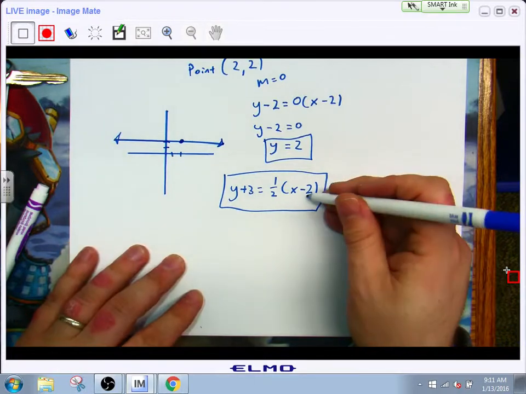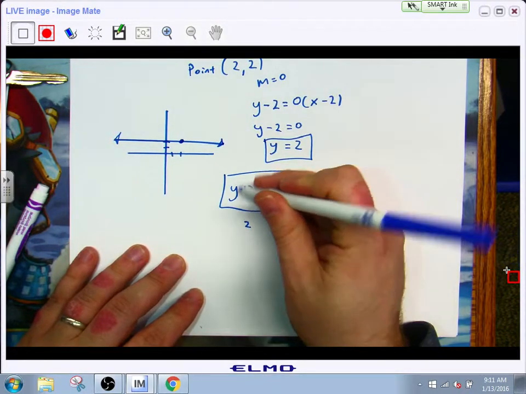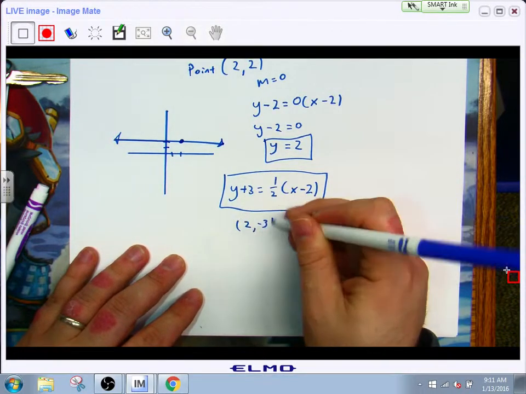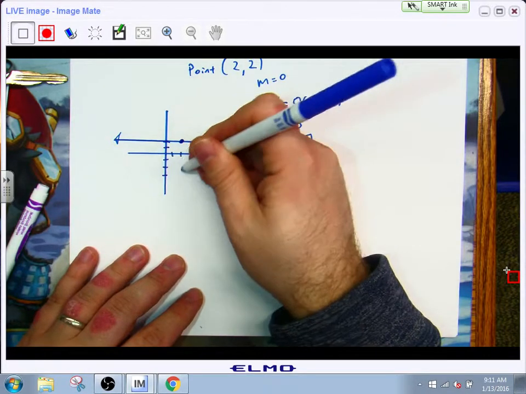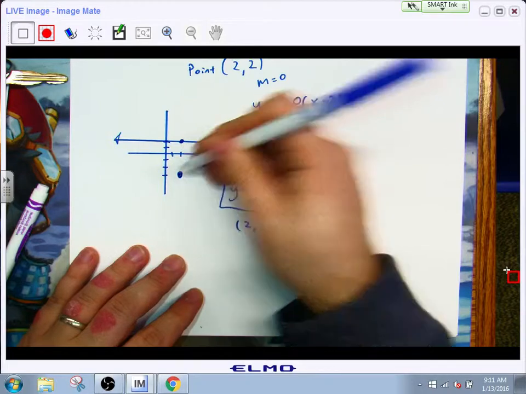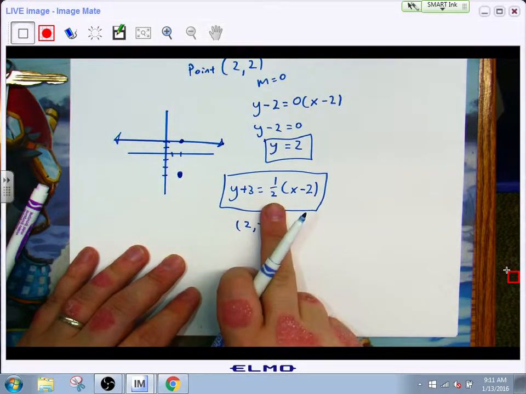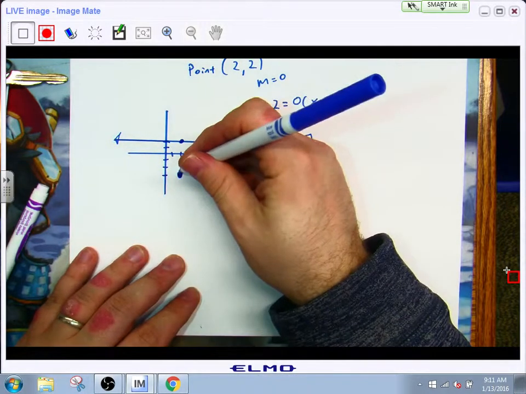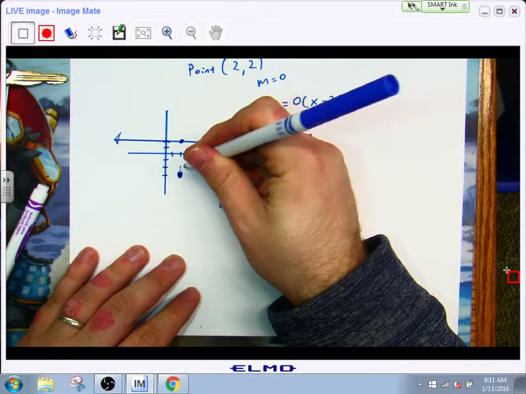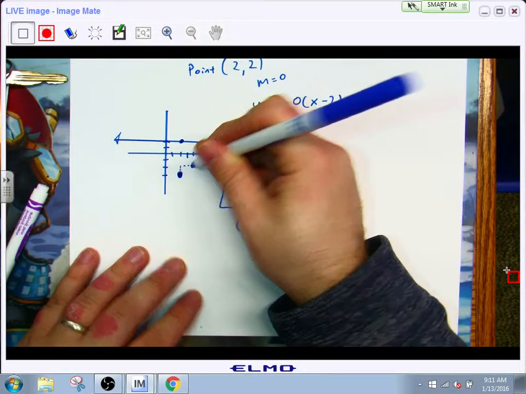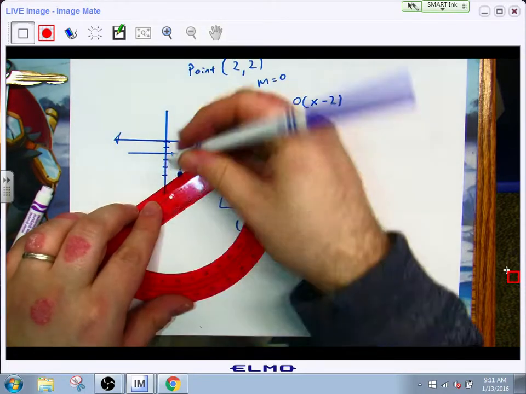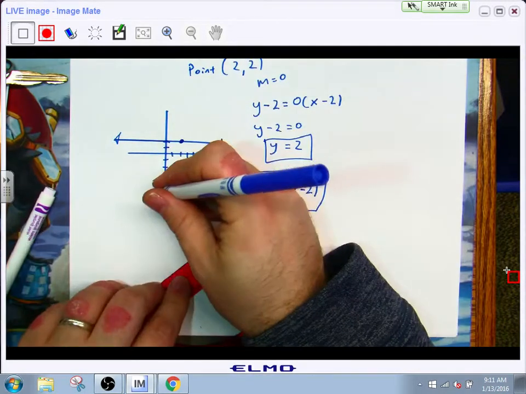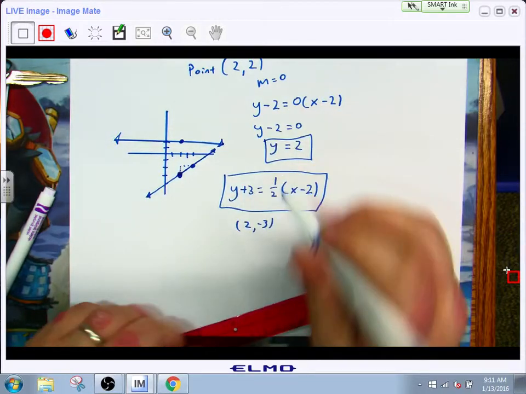My x is 2, my y is negative 3, so I can go to the point (2, negative 3). That's my point. And I know my slope is 1/2. So I can go up 1 over 2 to find a second point. Draw a line. And that's the line for that.